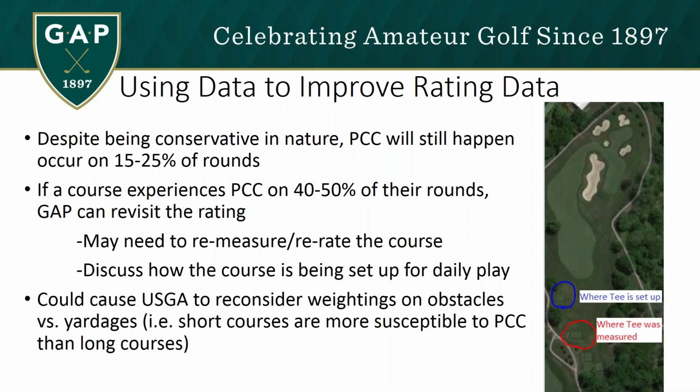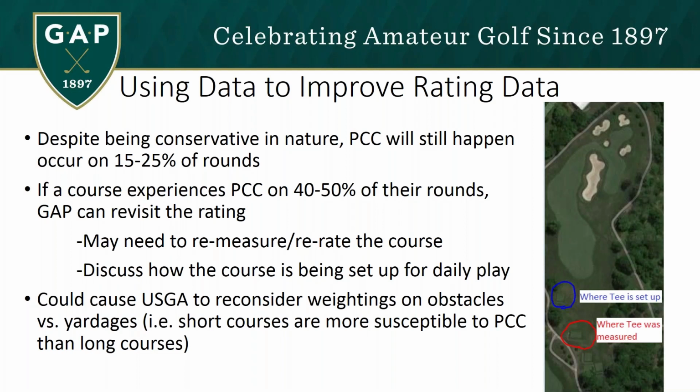But again, across the world, if the USGA and other governing bodies see that a certain type of course continues to have PCC, whether it's an ocean course or one that's extremely short or one that's long, they can use this data to maybe tweak the course rating formula. Maybe for those of you that came on our webinar last Wednesday regarding course rating, yardage right now is about 93 to 95%.